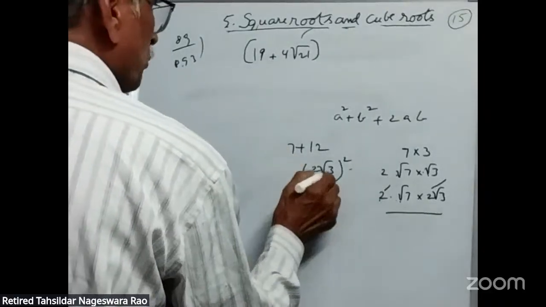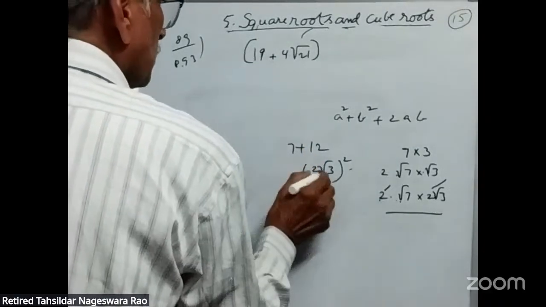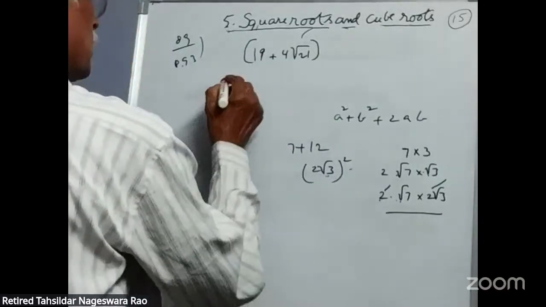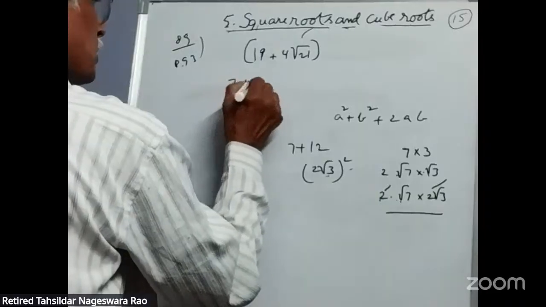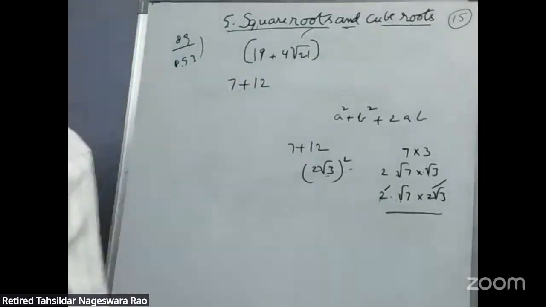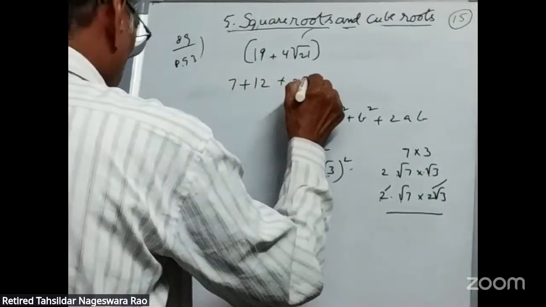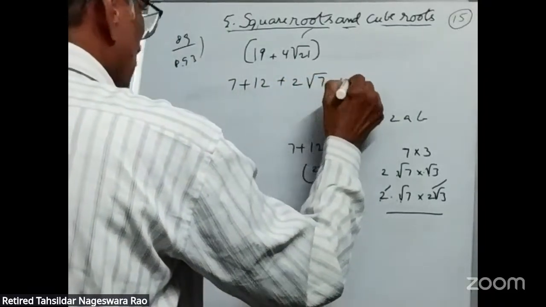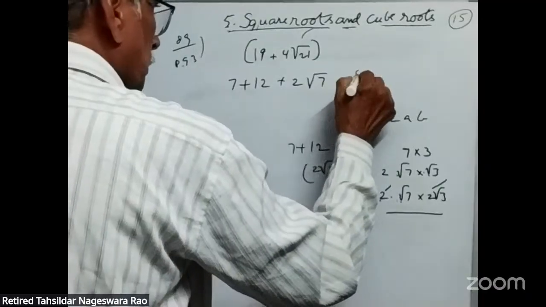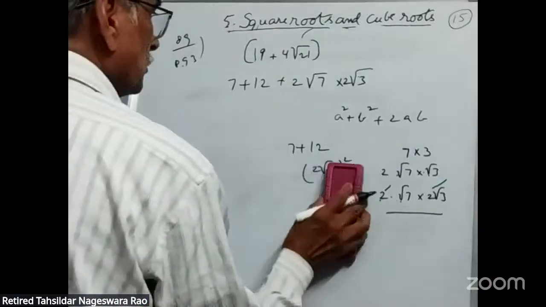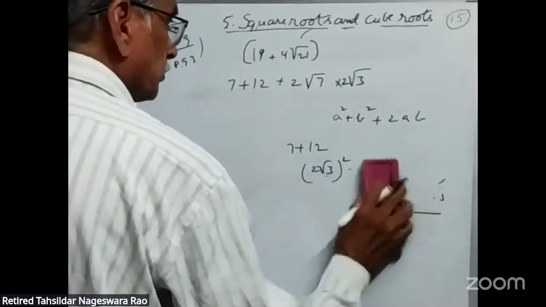So b square term plus a square term will be 19. So we have to split 19 as 7 plus 12 plus 2 root 7, 2 root 3. You can understand this one, the problem is solved.